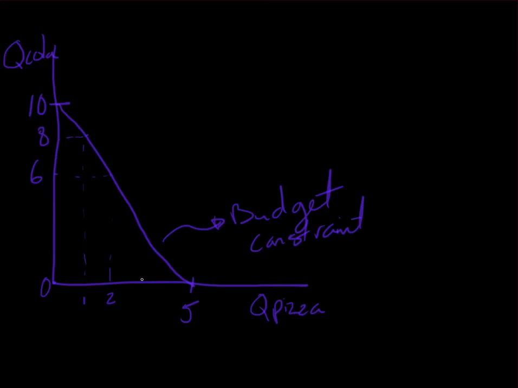Okay, all of those options would work. So here, any point along the budget constraint, what's special about it is that all of these points represent a situation where I am spending all of my budget.